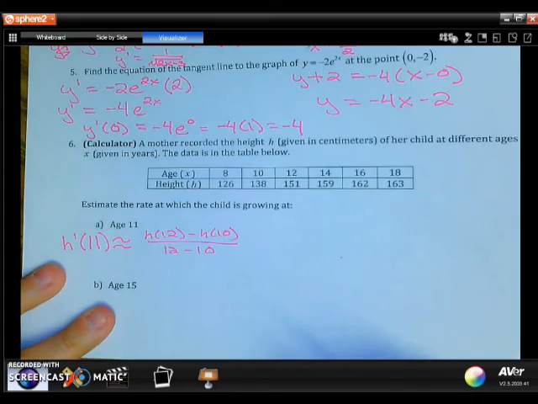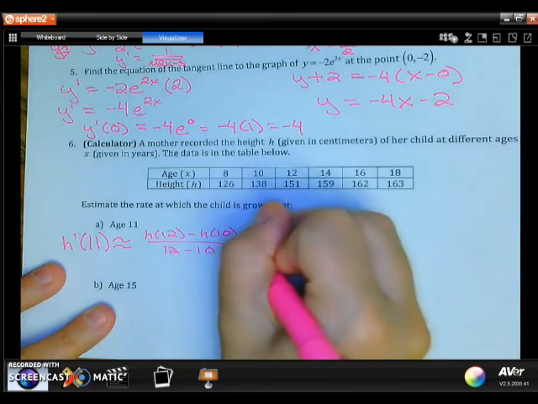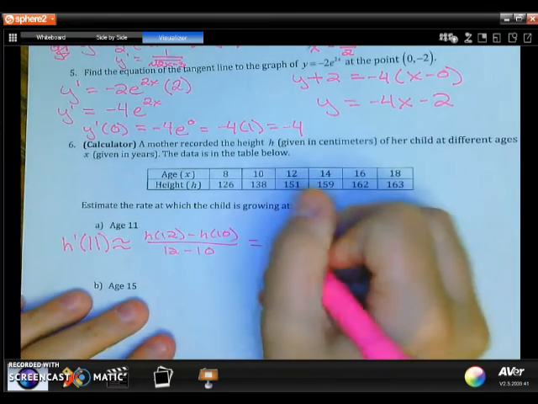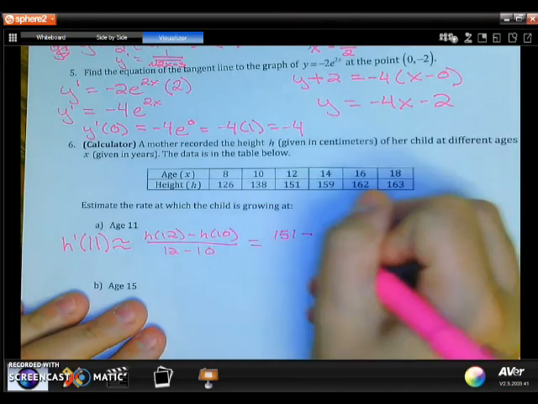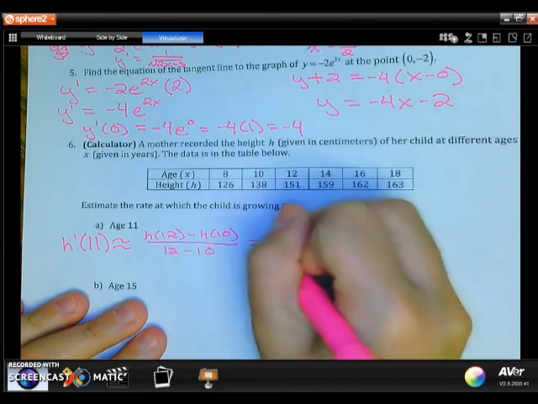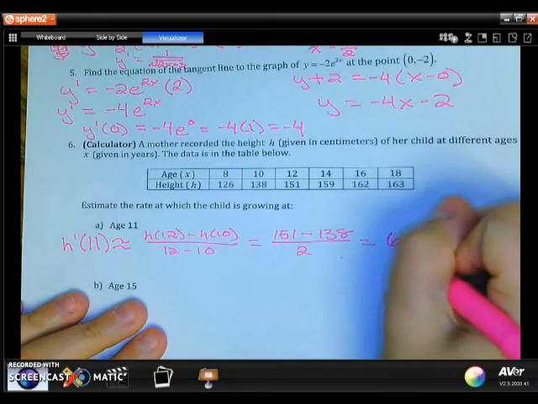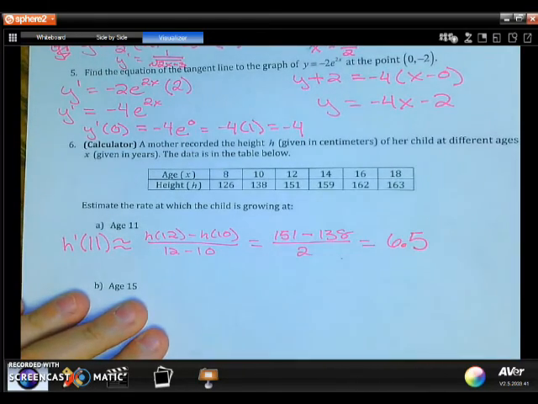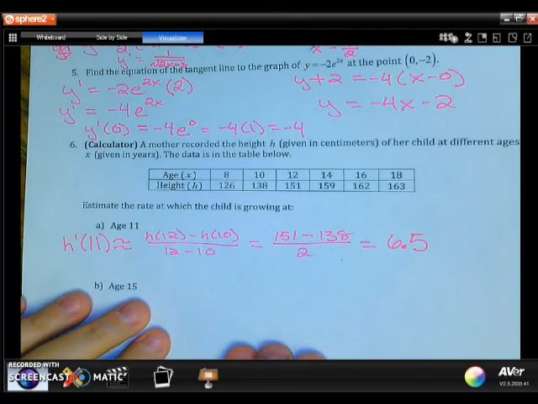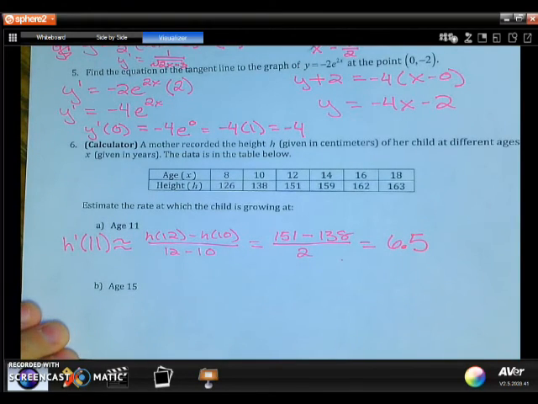And you can go ahead and grab all that info from the table. Over 2. And I think that ends up to be 6.5 if you type that in correctly. Okay. So there you are. There's the approximation.